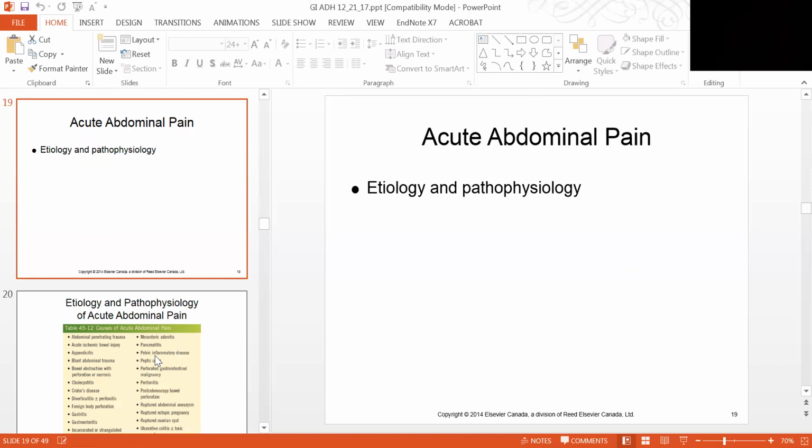We always work collaboratively, and so we may need to get an order for some medication. And then what are the complications that we're really trying to prevent? So start to think of it in those sort of patterns.